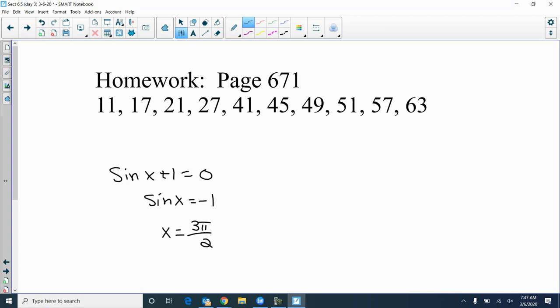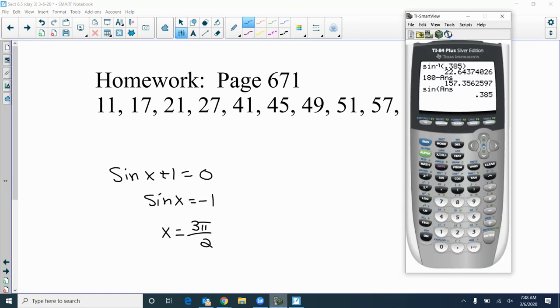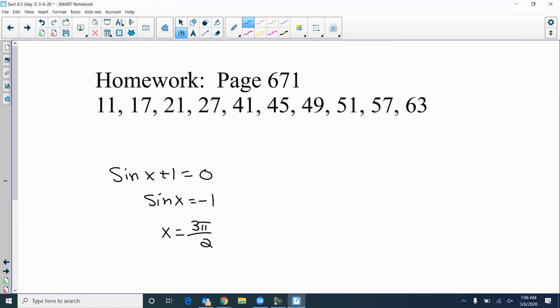That's the only spot that it works, or 270, or -90, all of those are fine. You can use your calculator. If you want to verify, I'm in degrees, but inverse sine of -1 is -90, which would be 270, which would be 3 pi over 2. Anything else, homework-wise, that you need to look at?